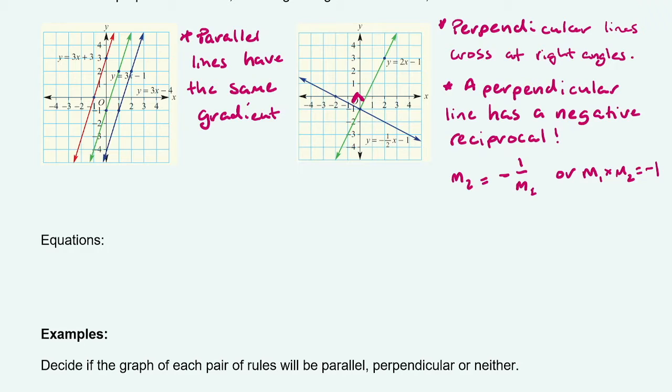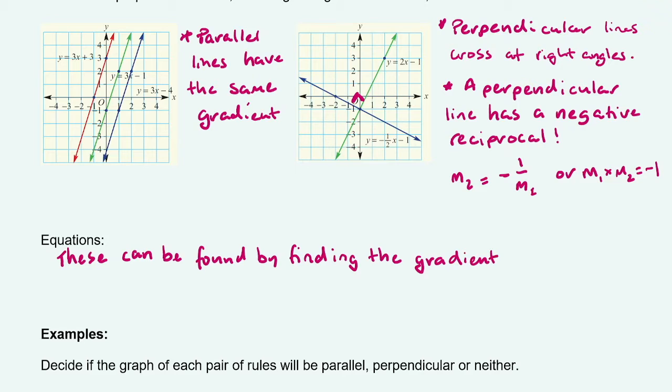Now the equations of these lines can be found by first finding the gradient, and then substituting in a point to find b.